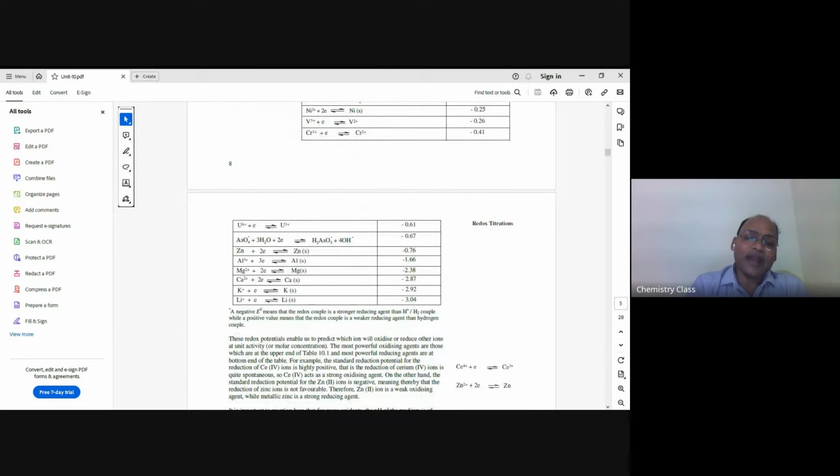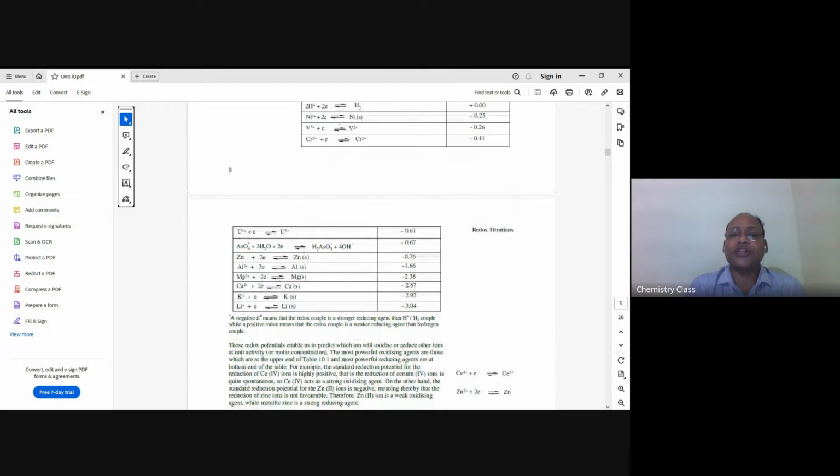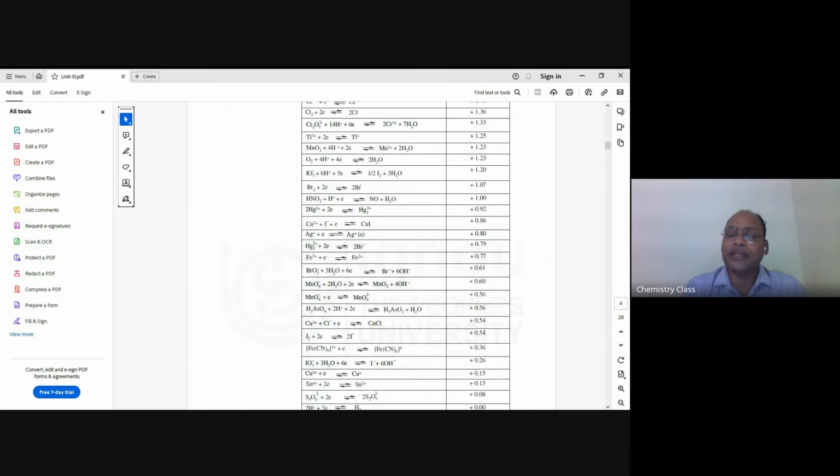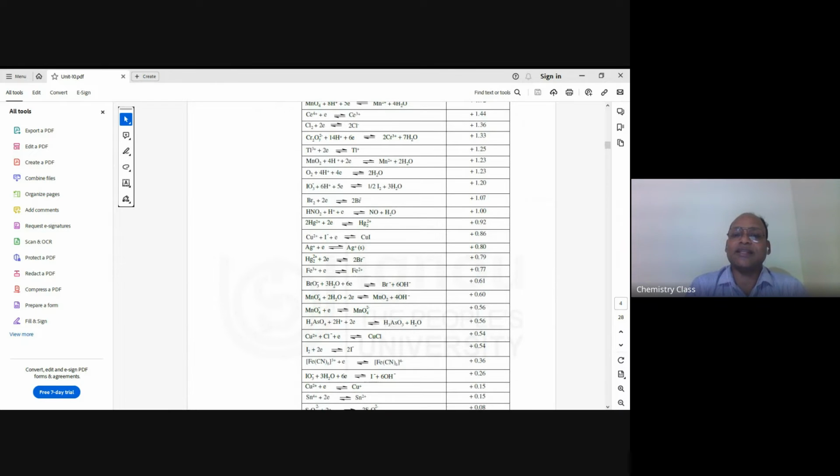As you know, if this potential value is more, it behaves as an oxidizing agent. Now see that in the above example, we consider iron as the reducing agent, right? Where is iron? Here is iron: Fe3+ to Fe2+, plus 0.77.